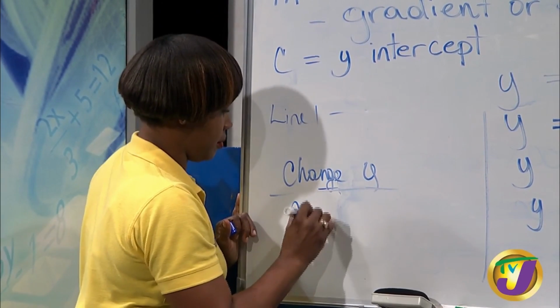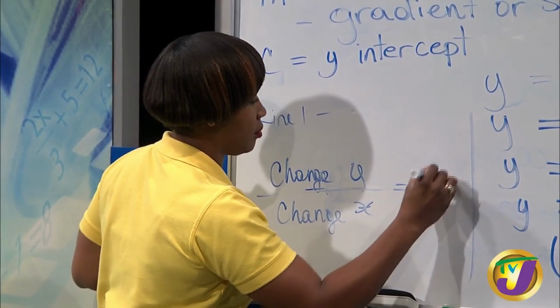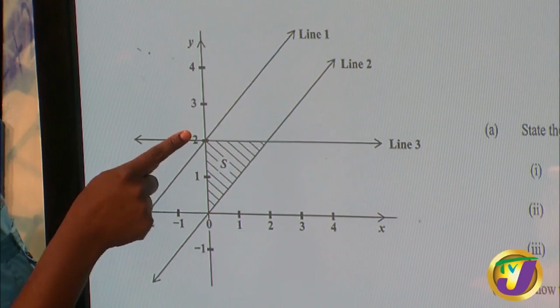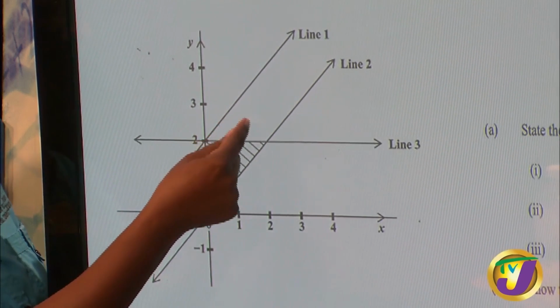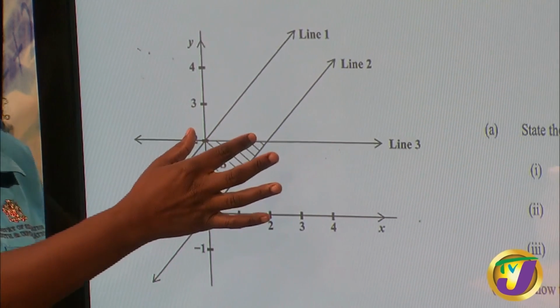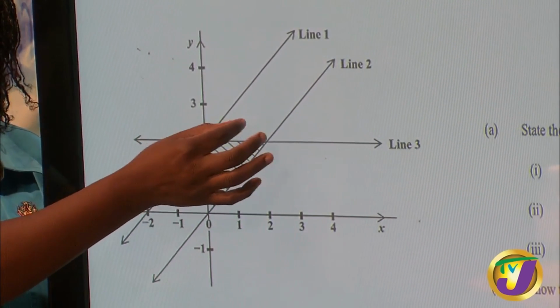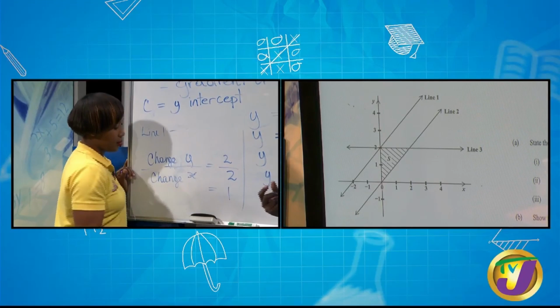Our change in y, we said here, is 2. And we're now going to be checking our change in x. So we're moving horizontally. Here we are at 0, and we would have moved to 1, followed by another move to 2. So our change in x is also a positive movement of 2. So our gradient is 1.